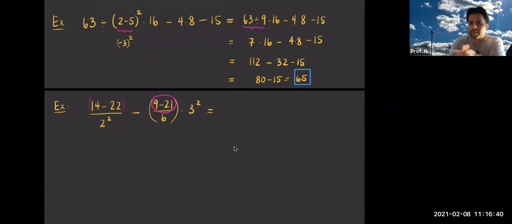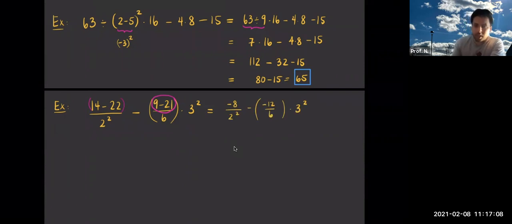When you have fractions like this, there really is a parentheses around, even though it's not written. So you can do 14 minus 22 also. So 14 minus 22 is negative 8. And I'm dividing that by 2 squared minus parentheses 9 minus 21 would be -12 over 6, multiplied by 3 squared.